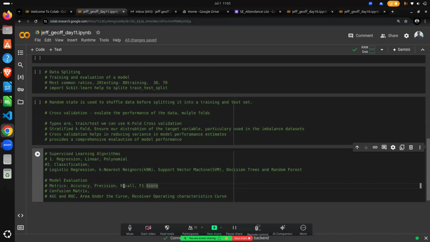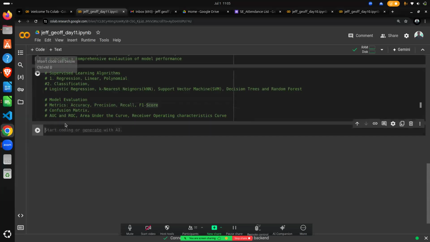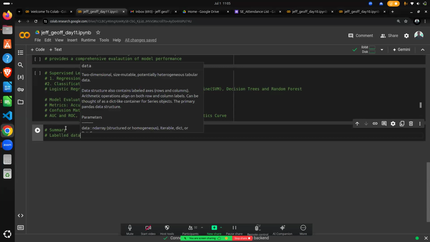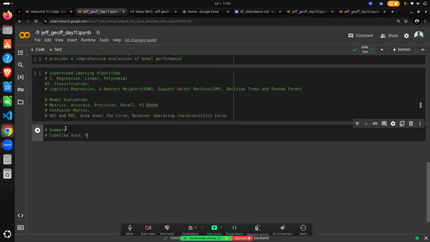So, in summary, supervised learning deals with labeled data, and is also used to predict the outcome or output for new inputs.